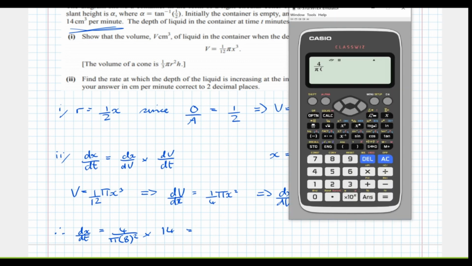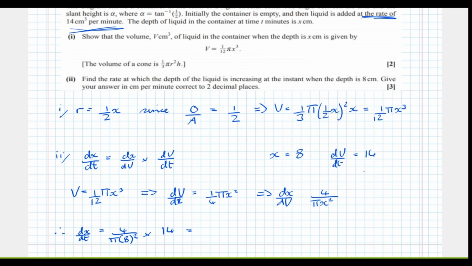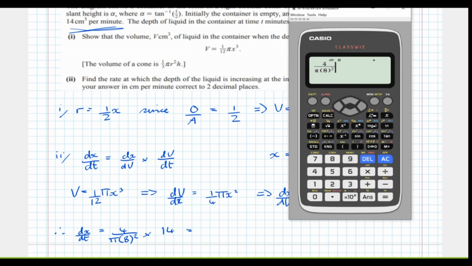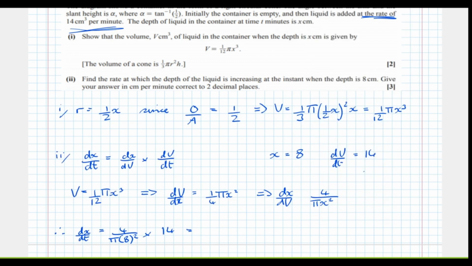Pi times 8 squared times 14. Which is equal to 0 point, and it wanted it to 2 decimal places, so 0.28.